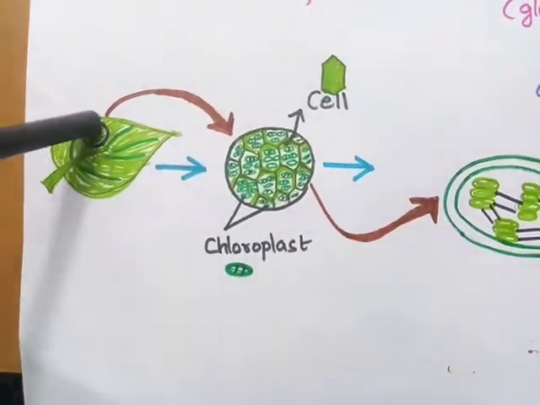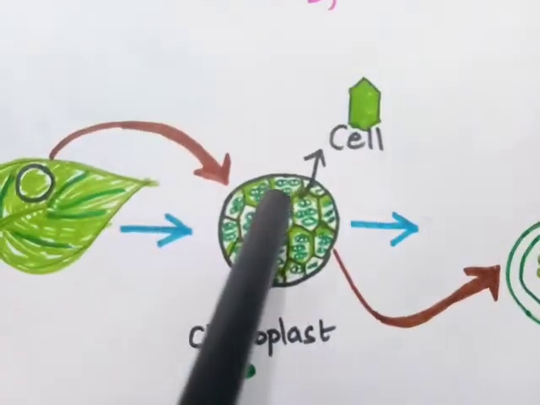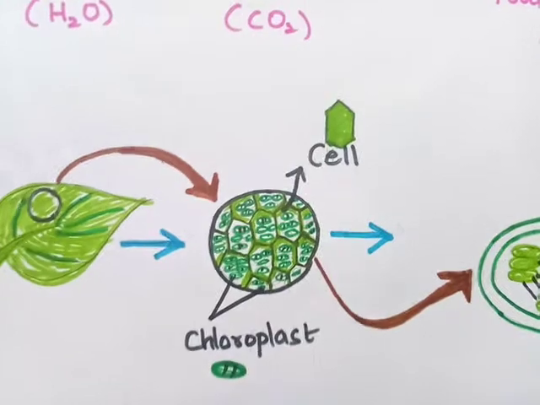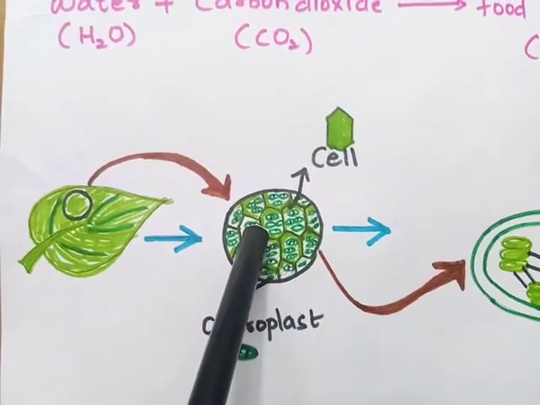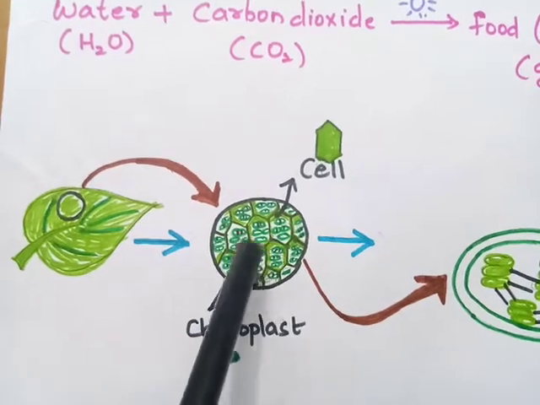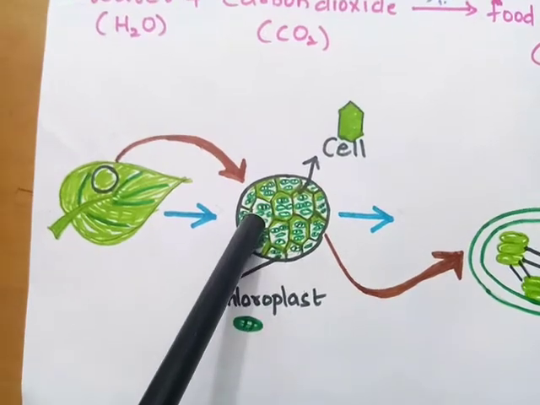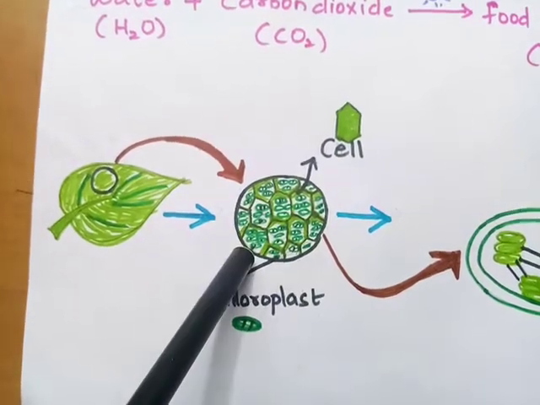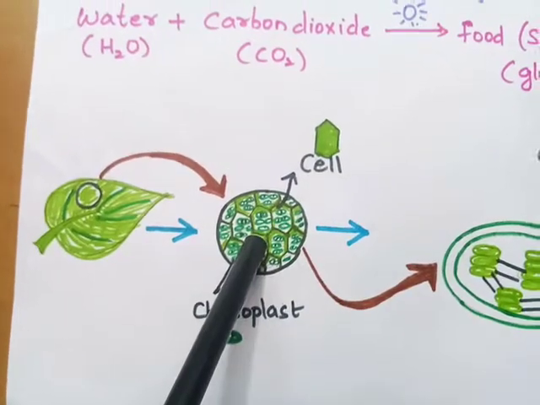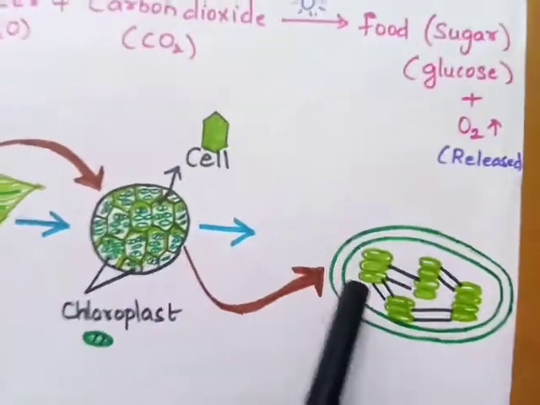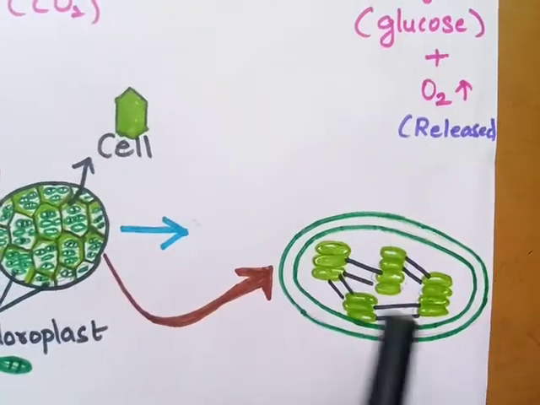When you take a leaf, there are many cells in the leaf. All these cells have many chloroplasts, and the leaves also have more chloroplasts than the stem or branch. So this is also the major reason why the leaves prepare the food. When you see the structure of chloroplast, it basically looks like this.